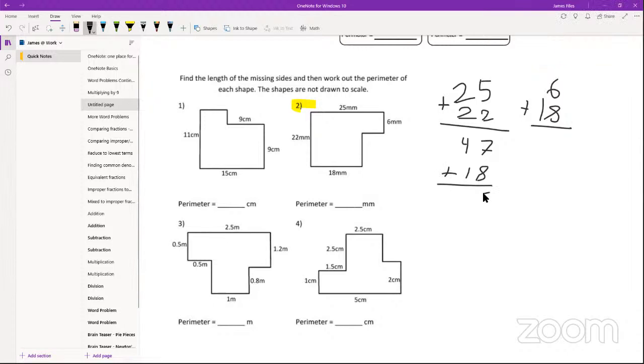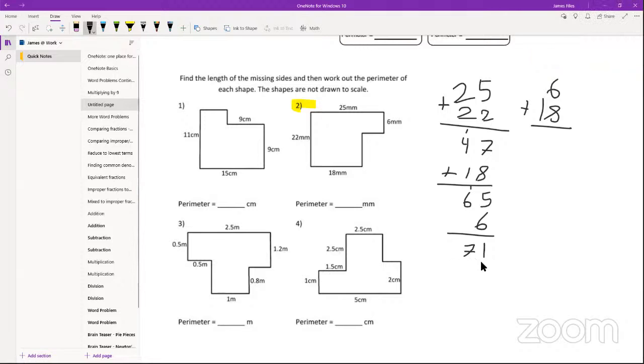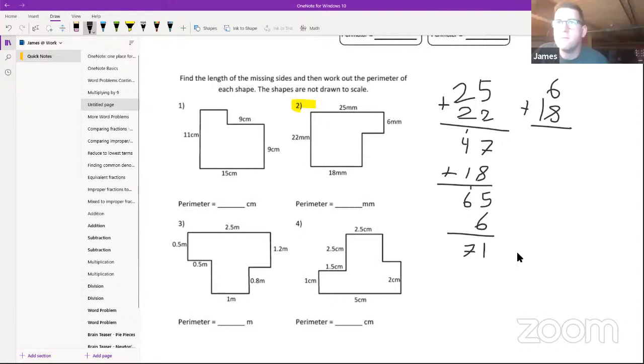And it'll give me 65. And now we add 6. We have 71. Okay.